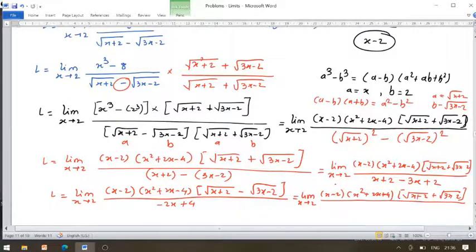Now look at the denominator and let us try to take minus 2 common. The remainder becomes positive x and negative 2.